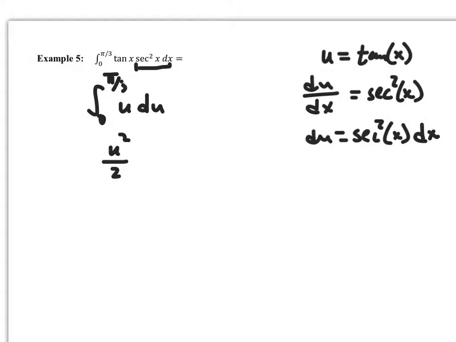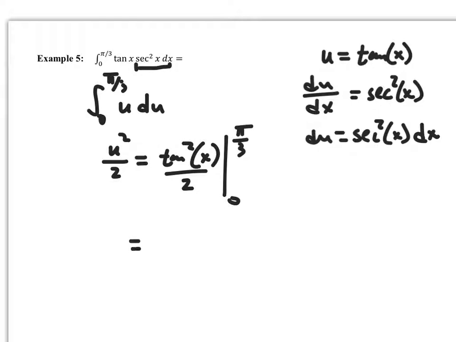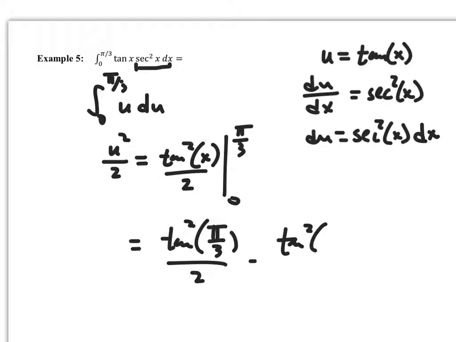Okay, but it's not really u squared over 2, it is tangent squared x over 2, evaluated from 0 to pi over 3. Okay, so the tangent squared of pi over 3 over 2 minus tangent squared of 0 over 2.